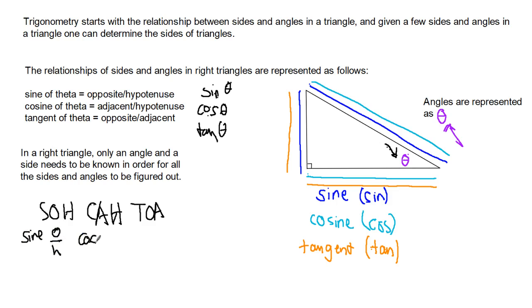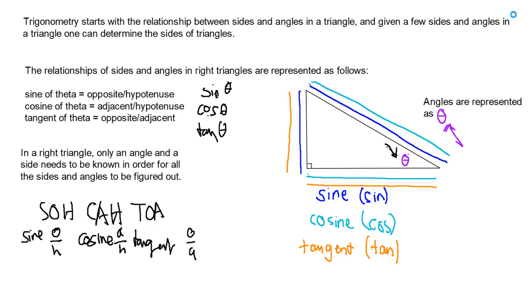Cosine is adjacent over hypotenuse, and tangent is opposite over adjacent. See? SOHCAHTOA, right? It works, and I'm just gonna use it because it works among high school students.